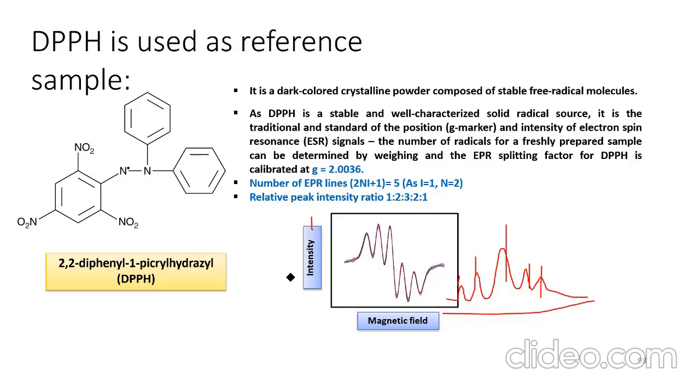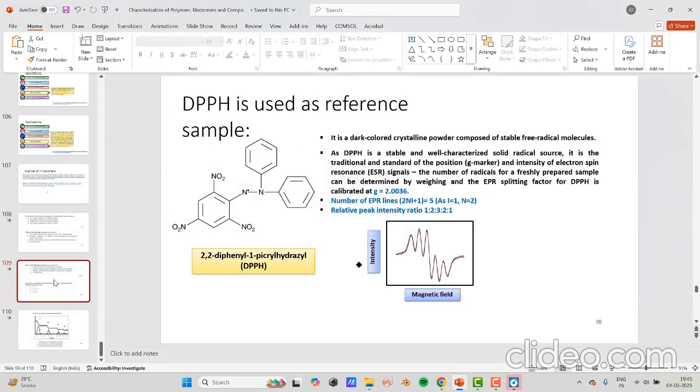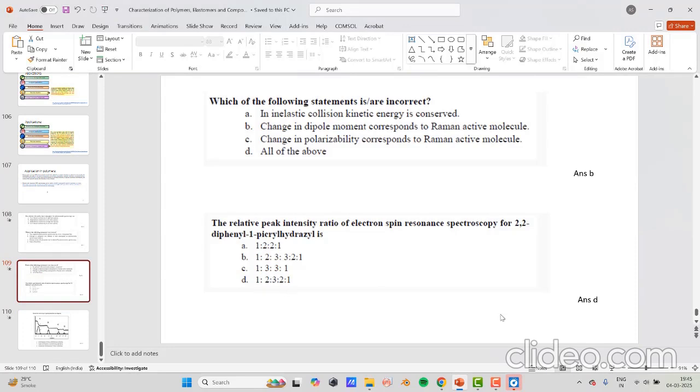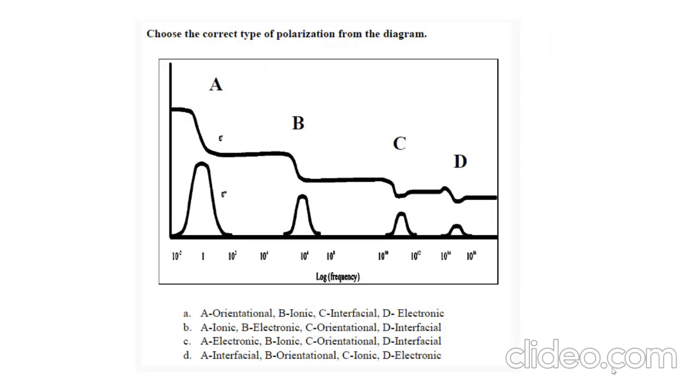Okay, I'm going back to the questions. So option B is the correct one. Then another question. These I have also talked about. Choose the correct type of polarization from the diagram.